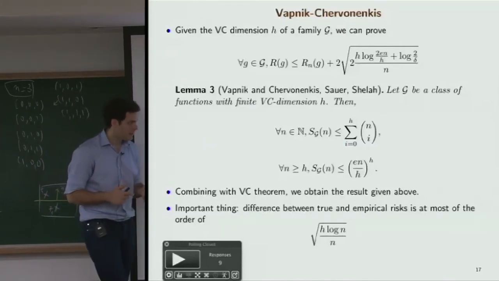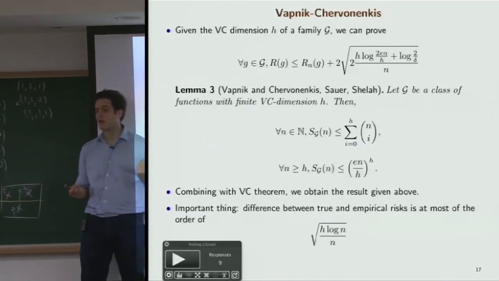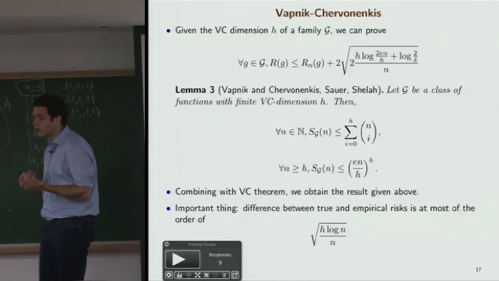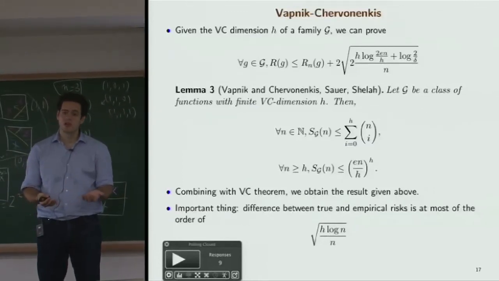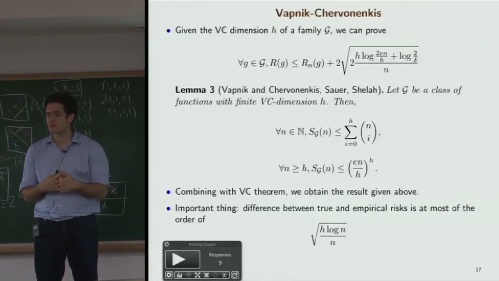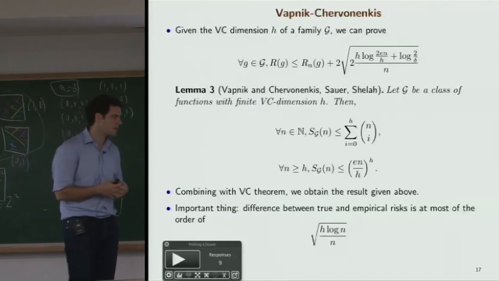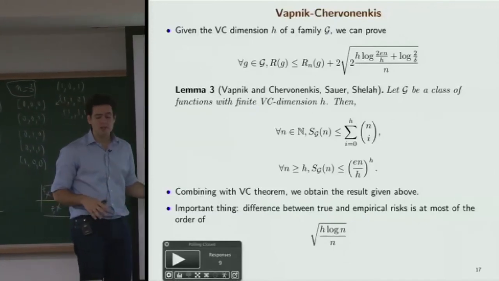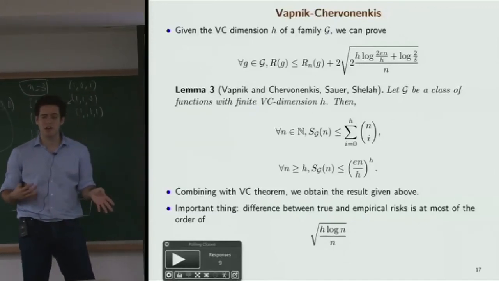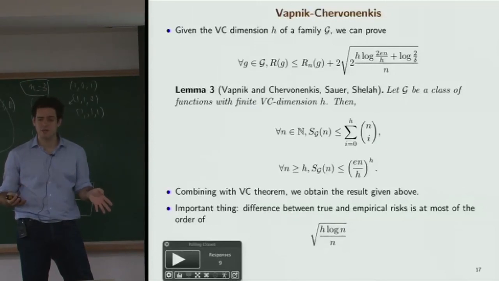So this bound suggests an approach where you choose a function class G of low VC dimension. Okay? So if you want, this was the main reason why Vapnik and Chervonenkis started advocating SVMs, support vector machines.